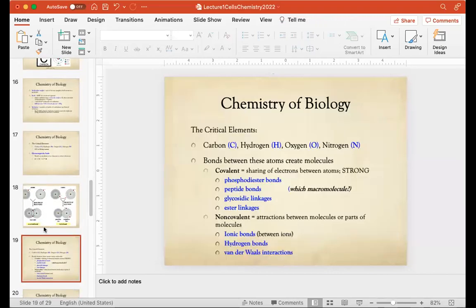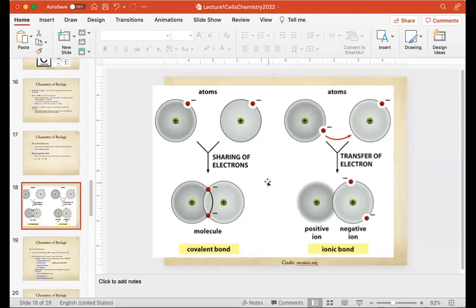Oh, there's something else I want to show you on this diagram here. There's another type of bond that we talk about relatively often in cell biology, not nearly as often as the covalent bond. But there's another kind of bond that we see called an ionic bond.